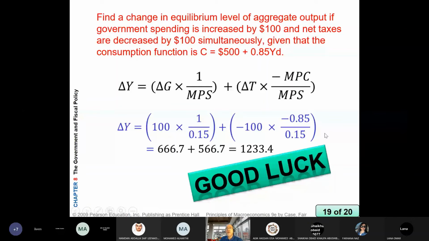So during coronavirus, the government of the United Arab Emirates increased government expenditure and decreased taxes, which is represented by public services fees. They decreased around 100 of public services fees.